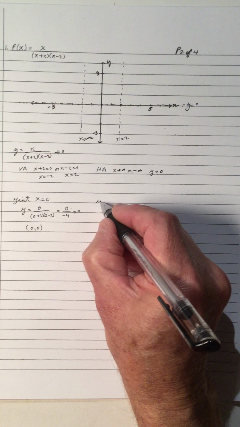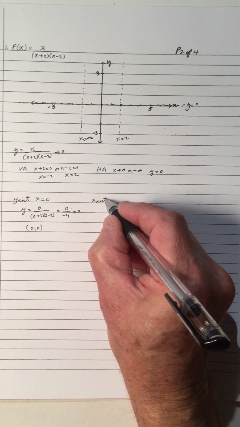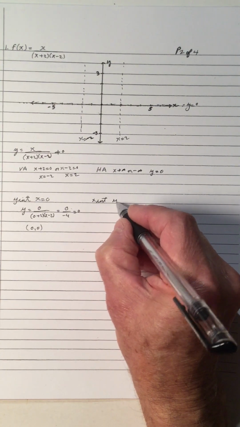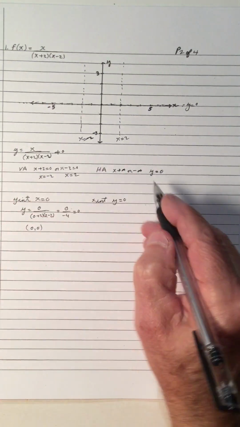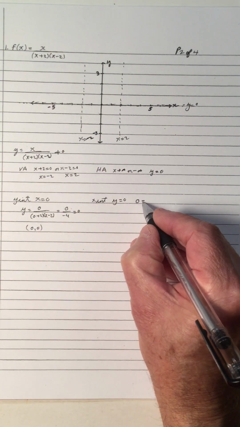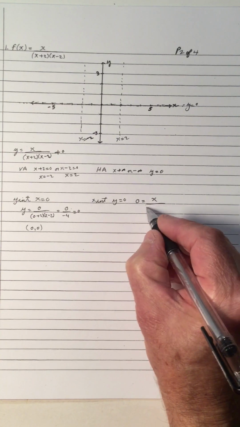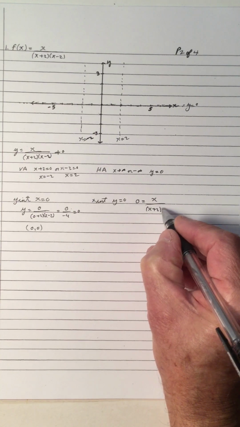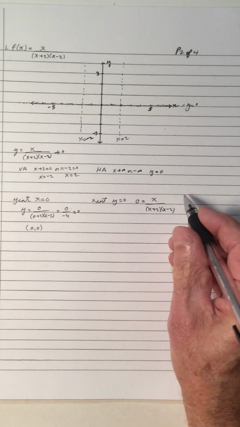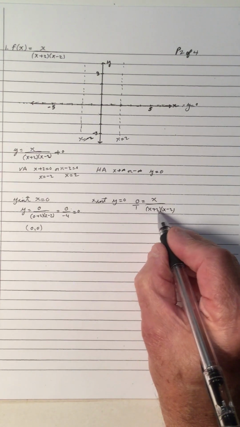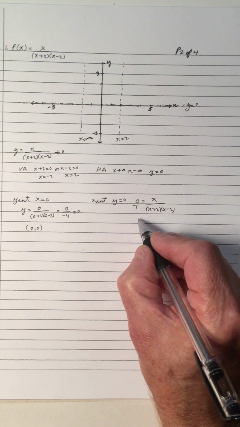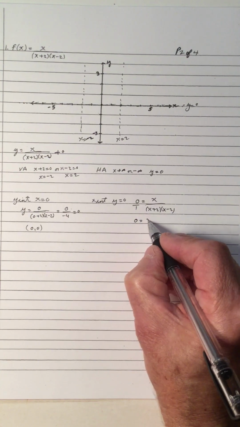And let's look at the x-intercept also. The x-intercept is when you let y equal 0. So put 0 right here in this equation: 0 equals x over (x plus 2)(x minus 2). We put the 0 over 1 and cross multiply: 0 times this polynomial gives 0, and 1 times x is x.